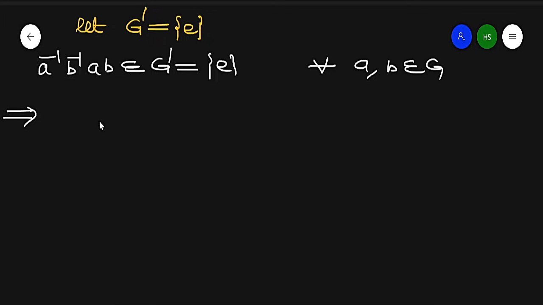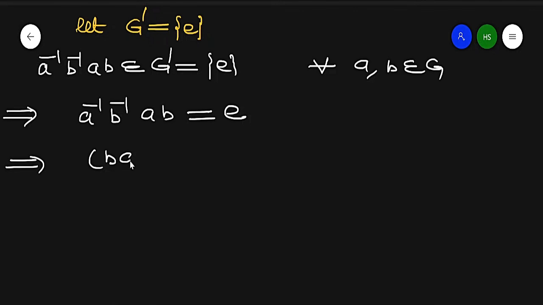So a inverse b inverse ab is equal to identity. So it implies ba inverse ab equal to identity.